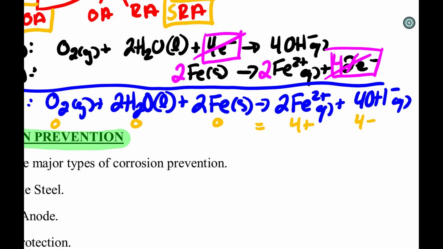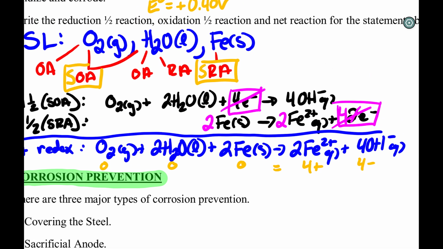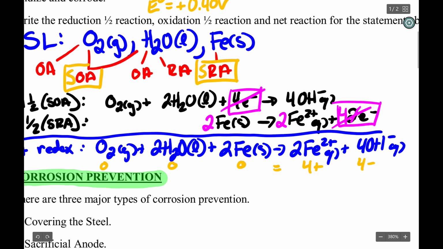Now, the next thing we could do is we can attach a metal, which is a stronger reducing agent, to the iron, which would then make the iron not the strongest reducing agent. So I'm just going to throw out one example, okay? If hypothetically we had magnesium solid as the strongest reducing agent, so we actually attach some magnesium to the metal, then it would become the strongest reducing agent.